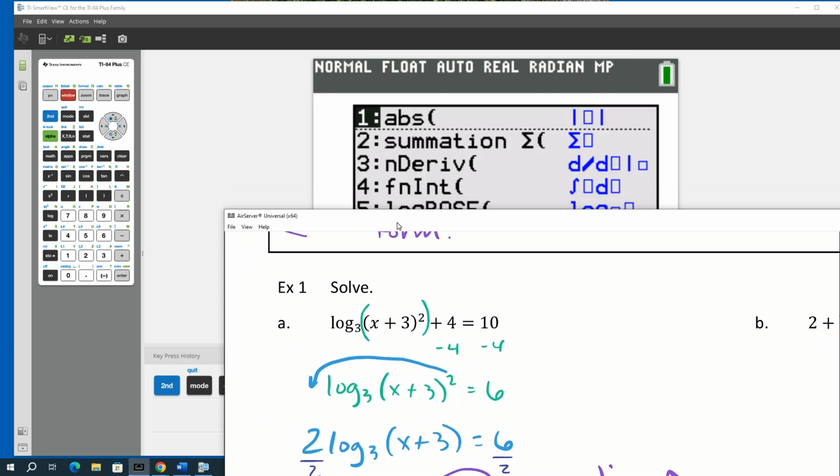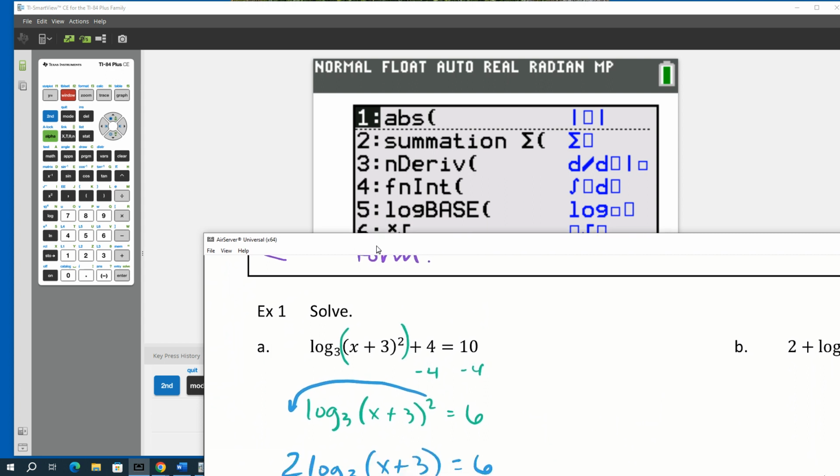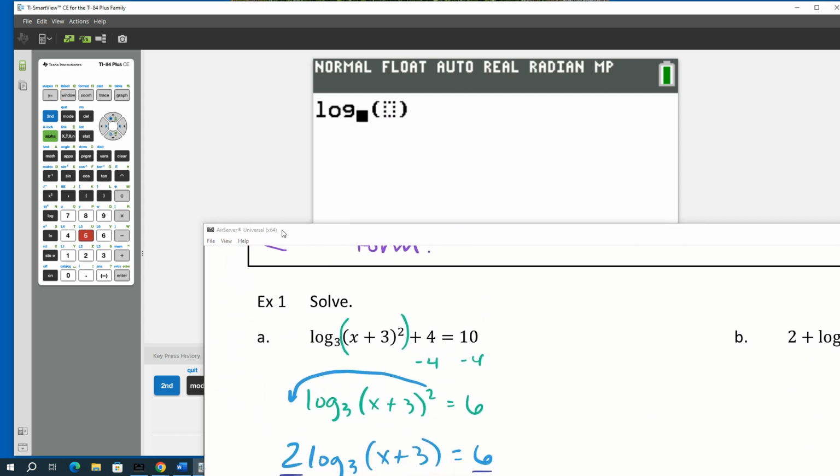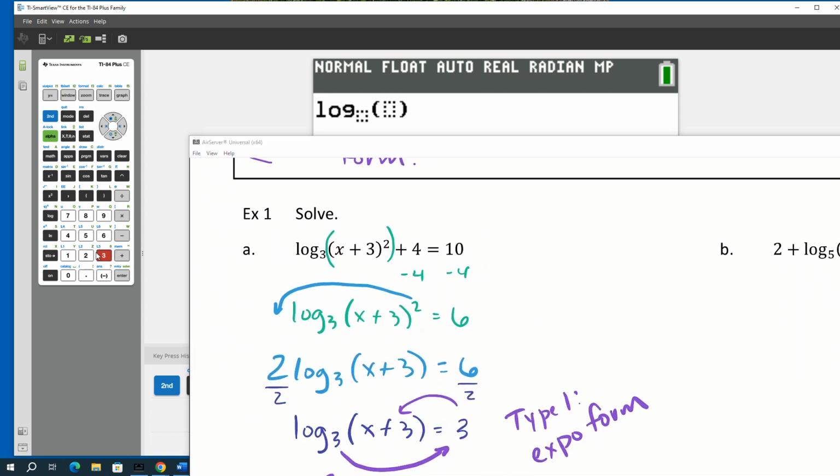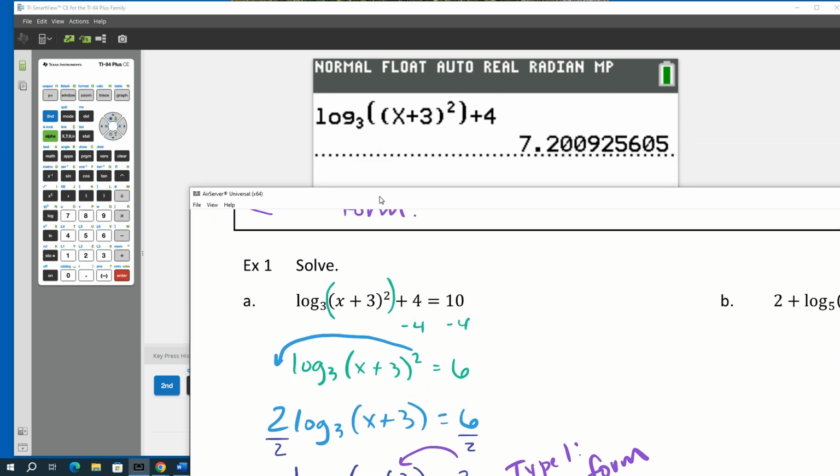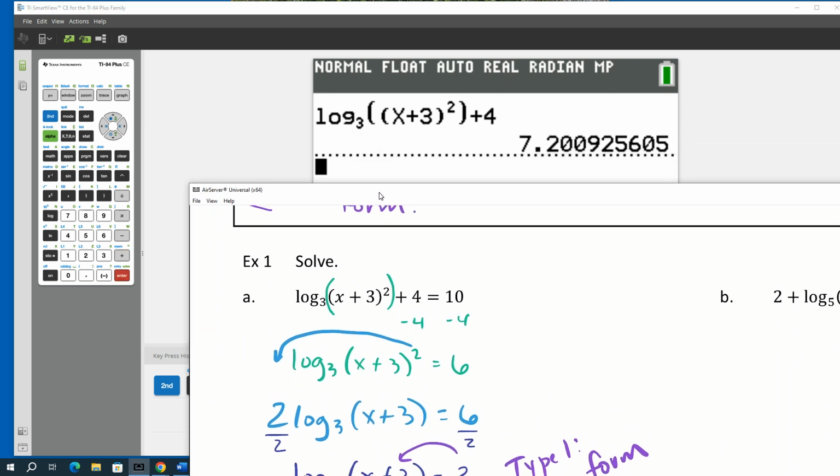So we're going to do log base by doing alpha window 5. And then inside of their parentheses, we're going to open our own parentheses and do x plus 3 squared. And then outside we'll do plus 4. Oh, don't do x, sorry, do 24.